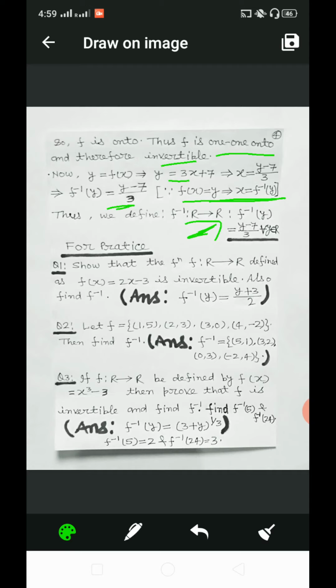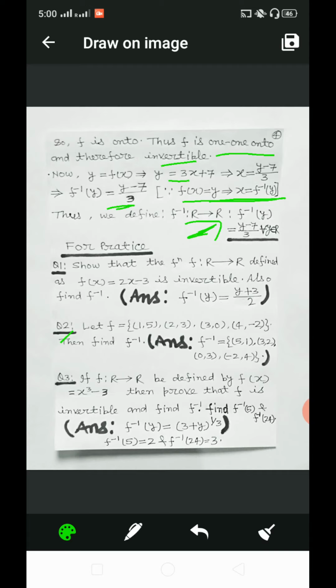For practice, here are 3 questions. Question number 1: show that the function f from R to R defined as f(x) equal to 2x minus 3 is invertible, also find f inverse. Question number 2: let f in ordered pair form be (1,5), (2,3), (3,0), (4,minus 2), then find f inverse.